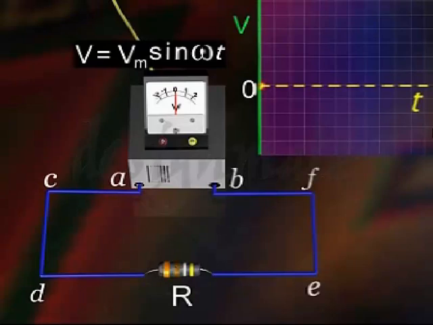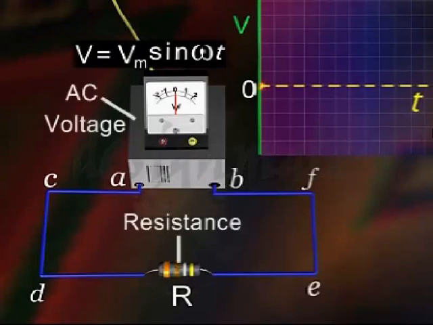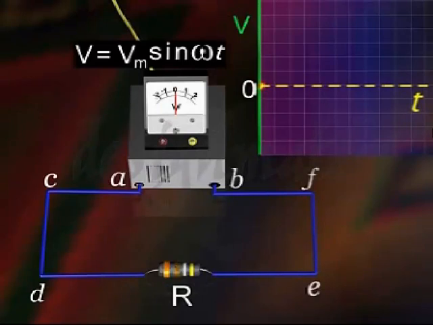Figure shows a circuit in which this source of AC voltage is connected with a resistance to complete the circuit. At time t equal to 0, the voltage difference between A and B is 0.